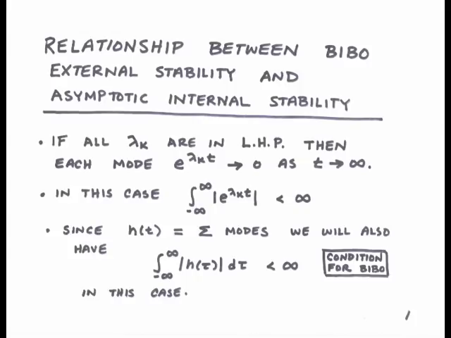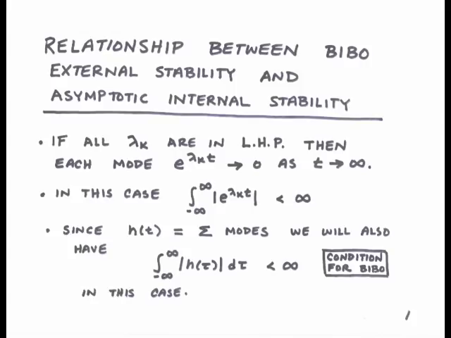Now, since the impulse response is the sum of the characteristic modes, we will also from this have the following result. The integral from minus infinity to infinity of the absolute value of h of tau d tau will be finite. This is the condition for BIBO stability that we had before.